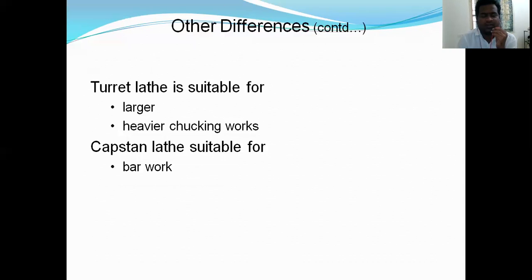Okay. So these are also other differences. The capstan lathe is used for small, light machine work, as we discussed, so capstan lathes are suitable for bar work. The turret lathe is suitable for larger and heavier chucking work.